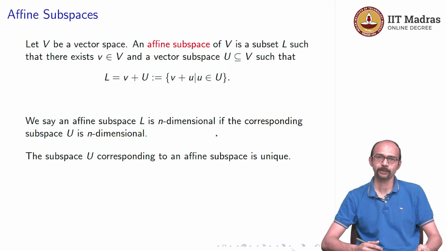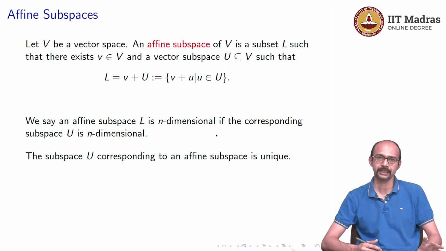Maybe you could write it in a different way as v prime plus U prime, but the U part must be the same. So, you can write it as v plus U and v prime plus U, and that is the only way to write it, meaning there is no choice of subspace.